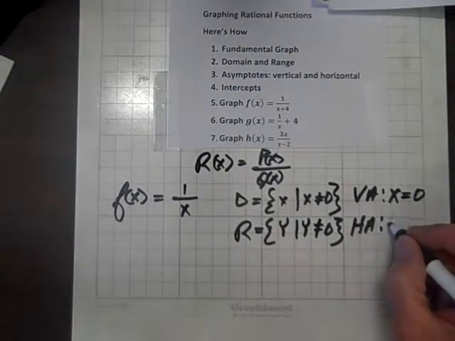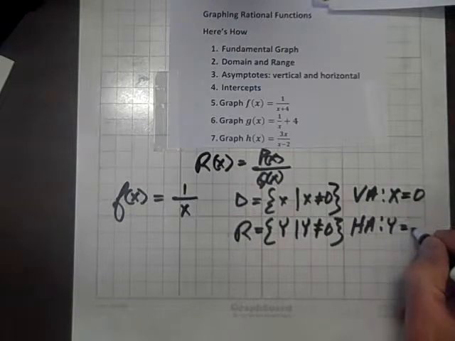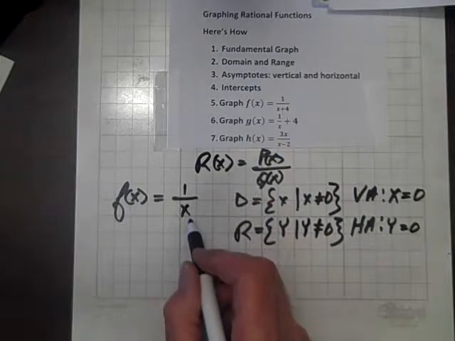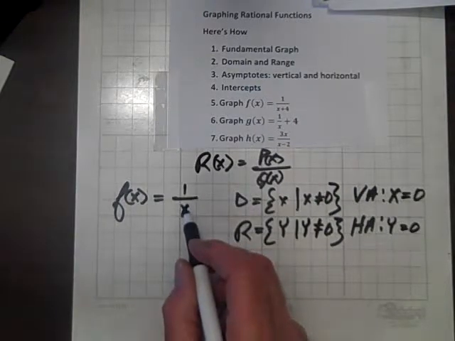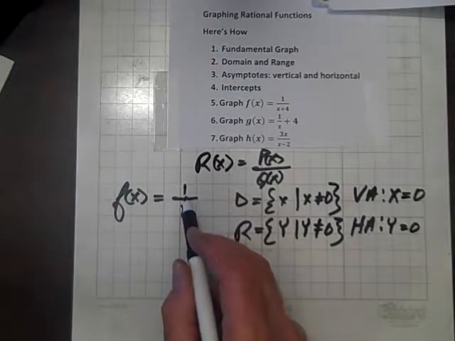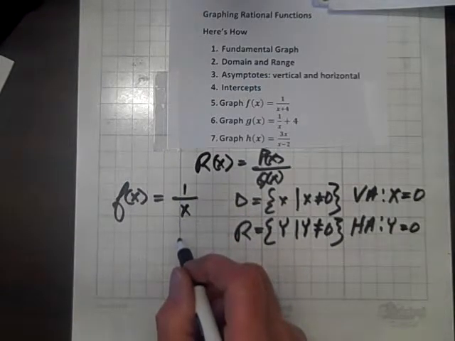So y equals 0 is the horizontal asymptote, and that would hold true too if we were going in the opposite direction. Let x be negative 10, we get negative 1/10. Let x be negative 100, negative 1/100, and so on.